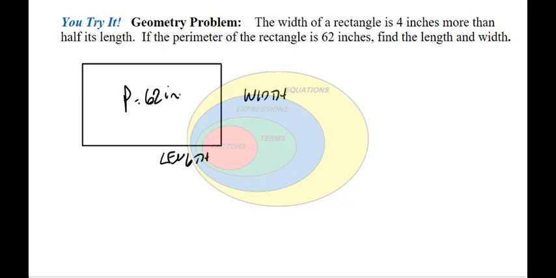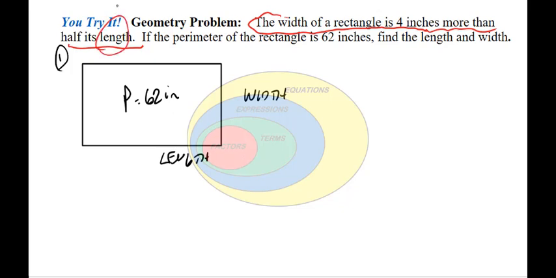So I've got this rectangle. What do I know then about the length and width? It says the width of the rectangle is 4 inches more than half its length. Notice how the width is defined in terms of the length.